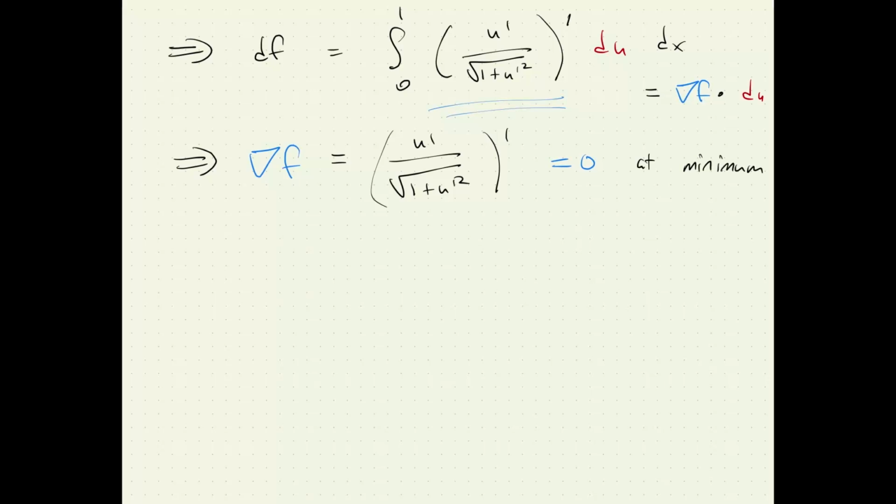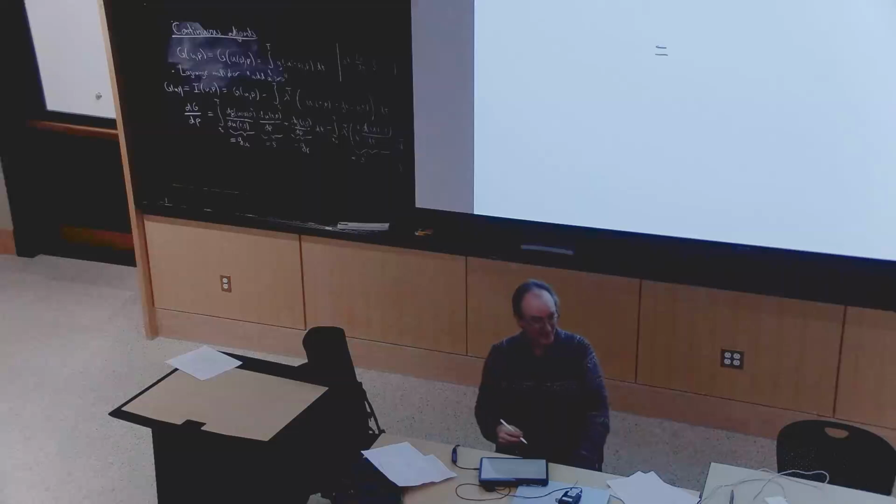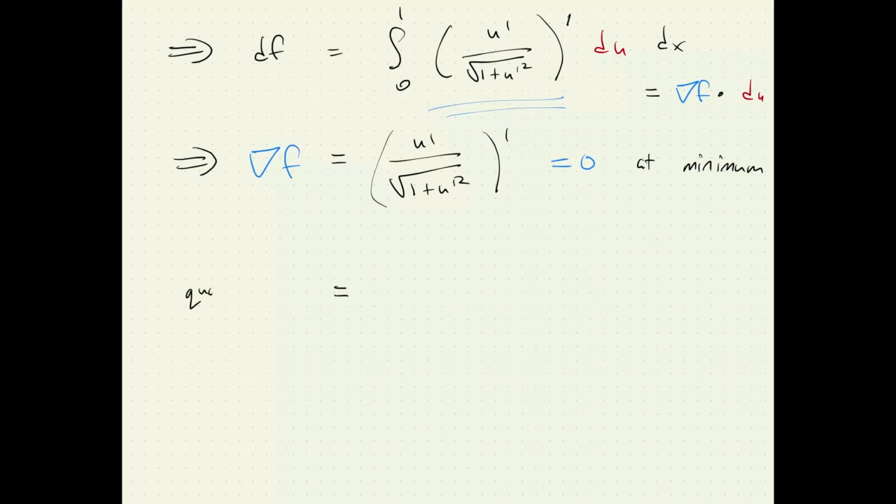Now it's a little bit of a calculus exercise. What is the derivative of this thing? It's the quotient rule. In the quotient rule, on the bottom you get the denominator squared, so you get 1 plus u primed squared, the square root squared.